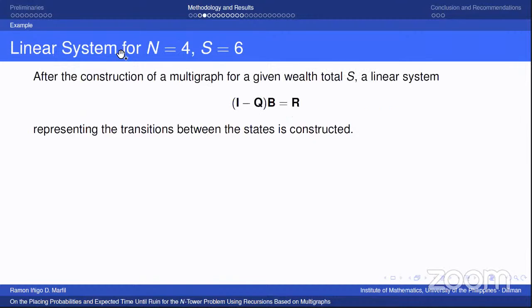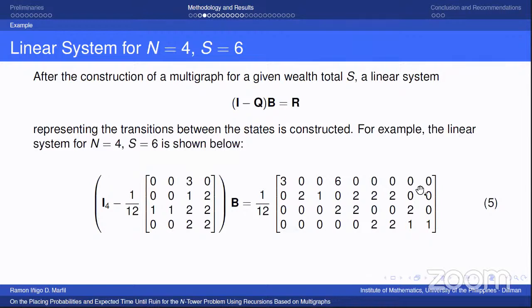Now, ang gagawin natin, sunod, ay i-construct natin yung linear system for n equal to 4 and s equal to 6. So after constructing the multigraph for a given wealth total s, a linear system I minus Q times B equal to R, representing the transitions between the states, is constructed.